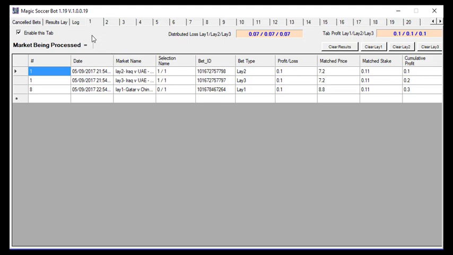You don't have to use all the 20 tabs. I use 10, it's up to you. Having 10 tabs utilised means we can bet on 10 games simultaneously, or 30 games actually if each lay 1, lay 2, lay 3 have bets. Let's get back to the settings.